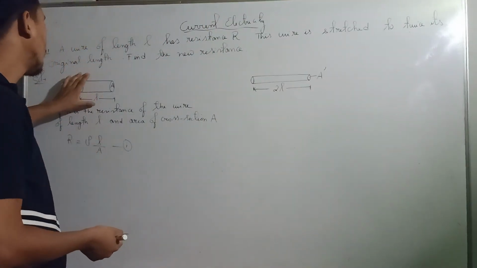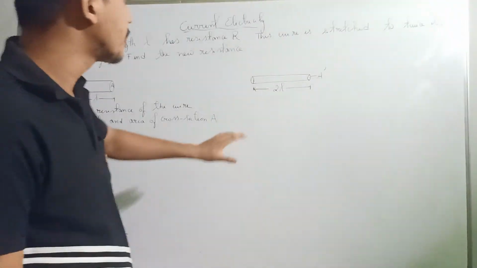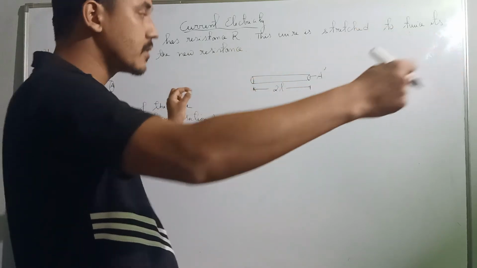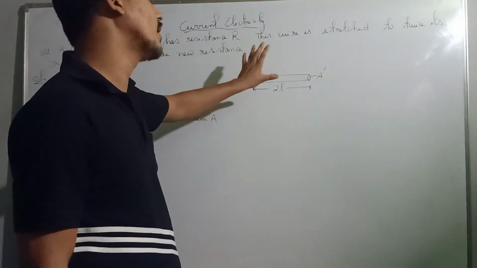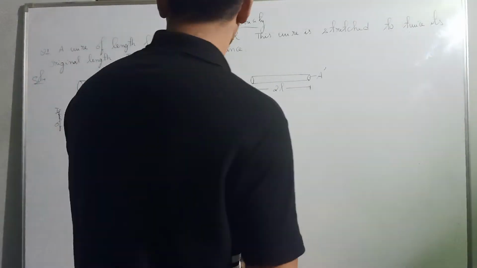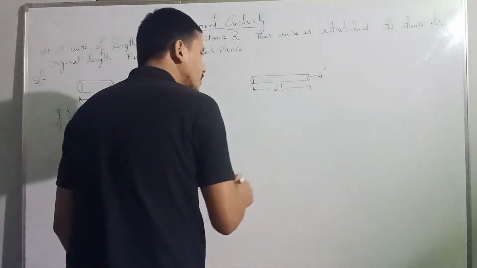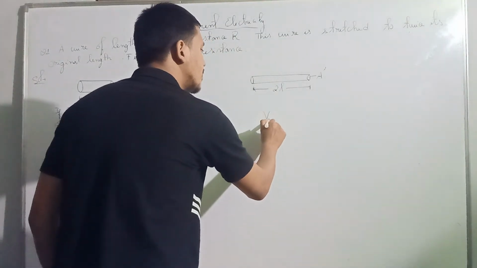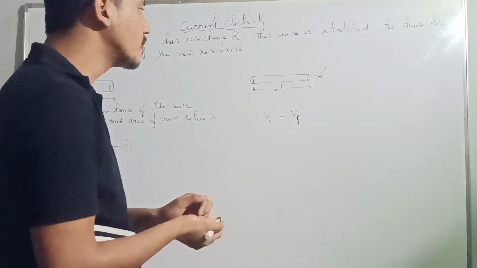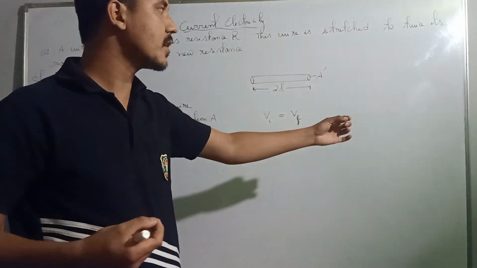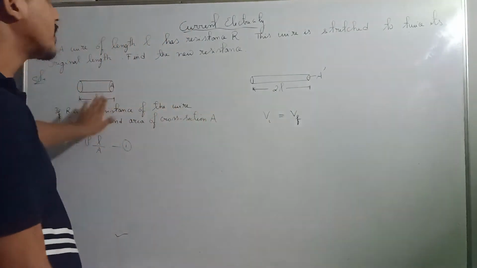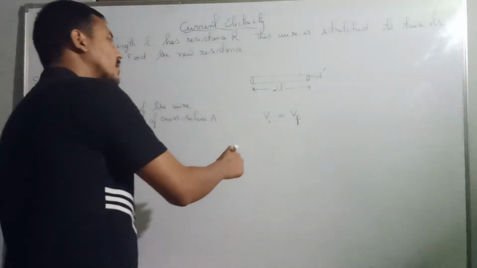Now, according to conservation of volume, since the same wire has been stretched, the volume of the wire remains the same. So there is no increase or decrease in volume. The initial volume of the conductor will be equal to the final volume of the conductor.